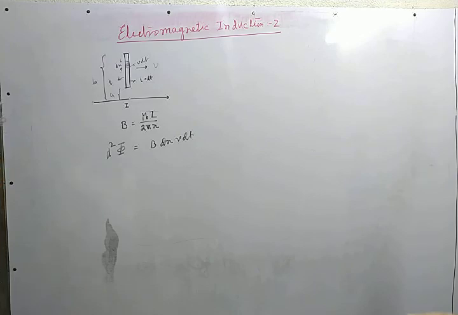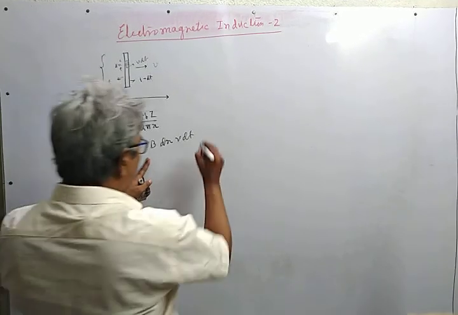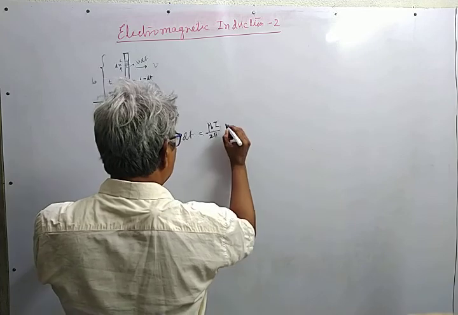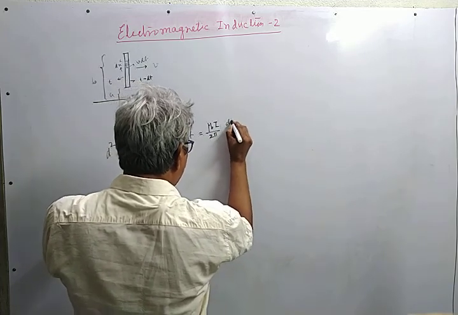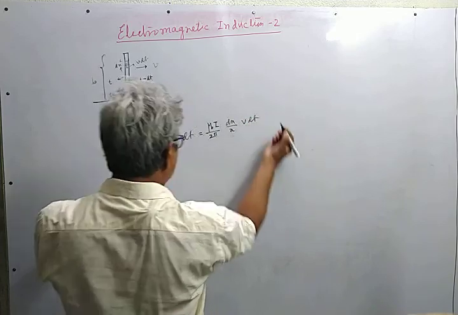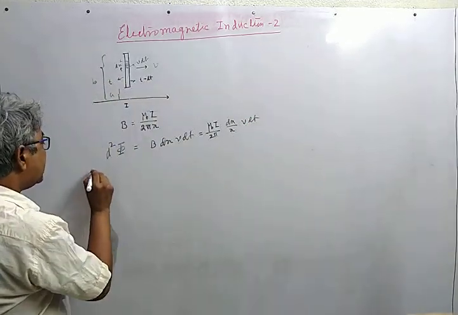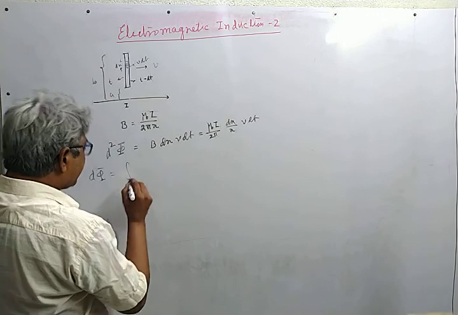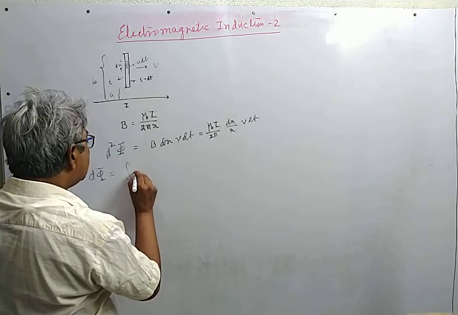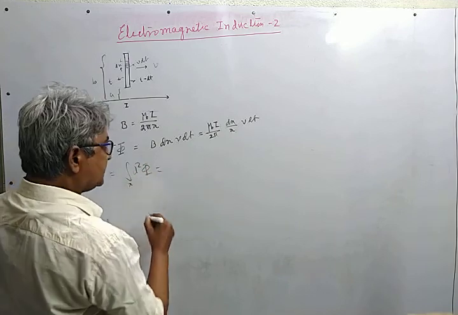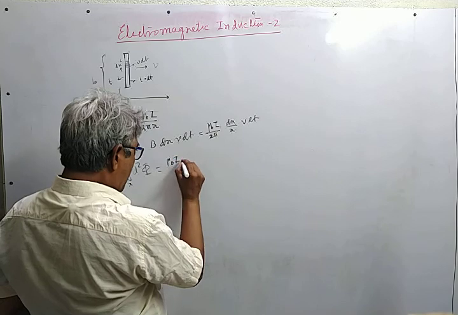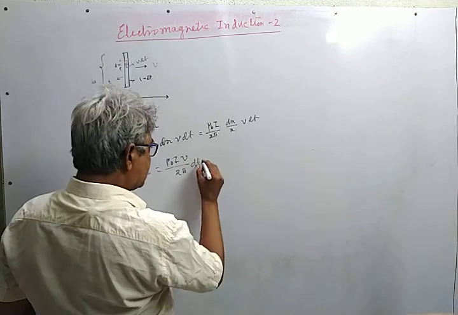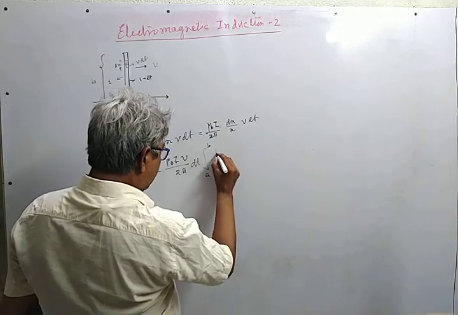Now if we integrate this expression, this is mu 0 I upon 2 pi, dx by x, v dt. So the flux linked with the entire rod is the integration over x: mu 0 I v upon 2 pi dt, and the integral from a to b of dx by x.